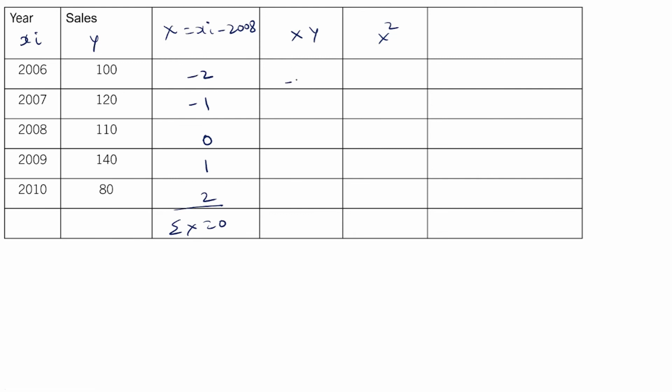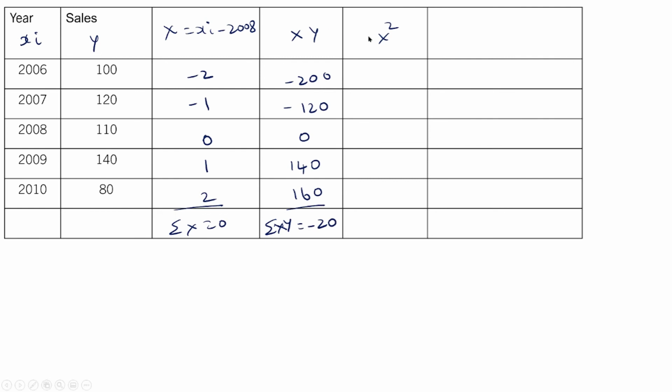So it is 100 into minus 2, minus 200, 120 into minus 1, minus 120, then 0, then 140 into 1, then 80 into 2. Now here we have summation xy. So when we add all these, we get minus 320, then plus 300. So it is negative 20.